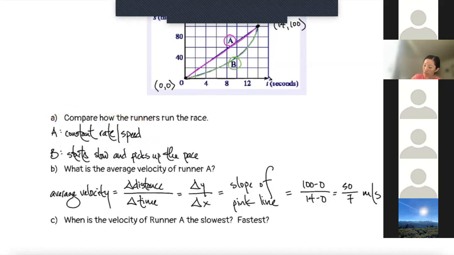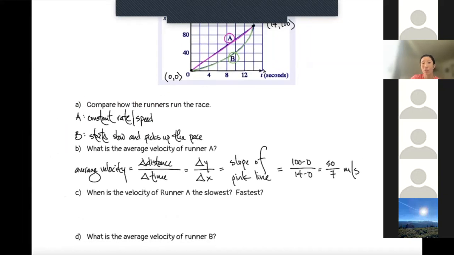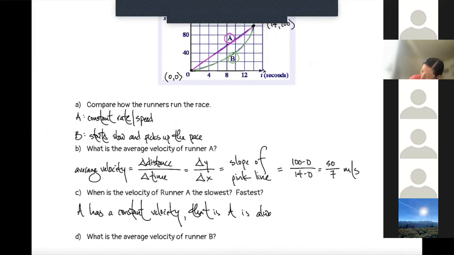All right, and so since we have an actual line, a linear function with a constant slope, what we can say is that A has a constant velocity. Okay, and therefore A is always running at 50 over 7 meters per second. Okay.